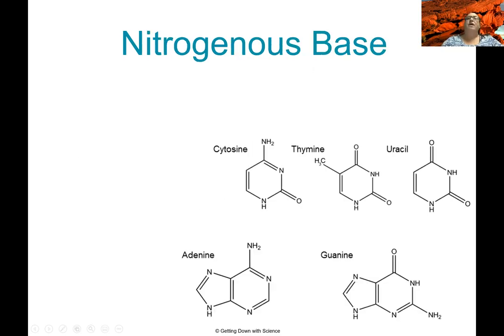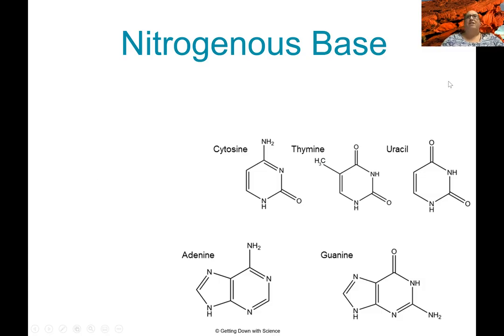Okay. So first we want to look at the nitrogenous base. And so we have a variety. Here you can see our cytosine, thymine, uracil, adenine, and guanine. Some of these may sound familiar from when you took your original biology class.